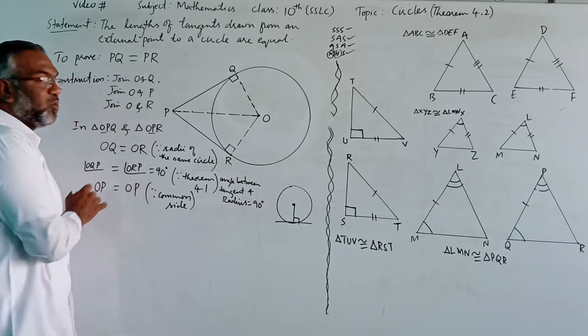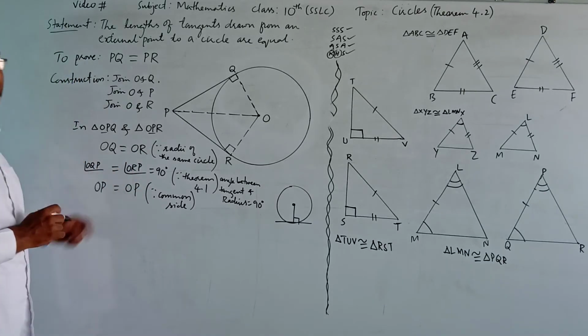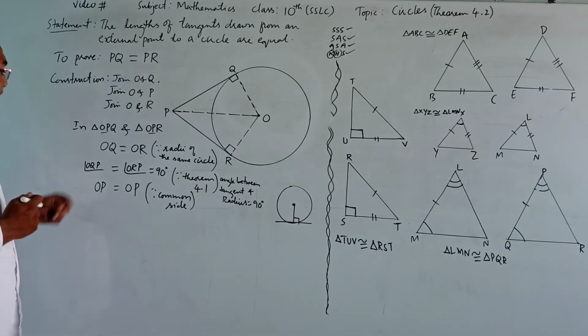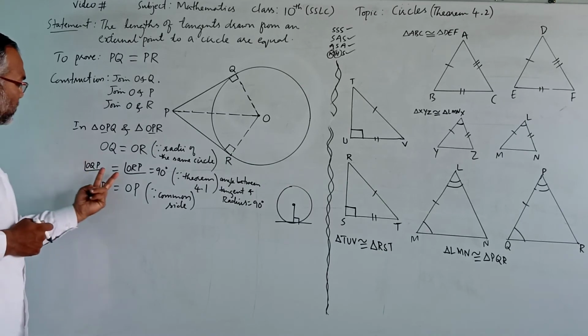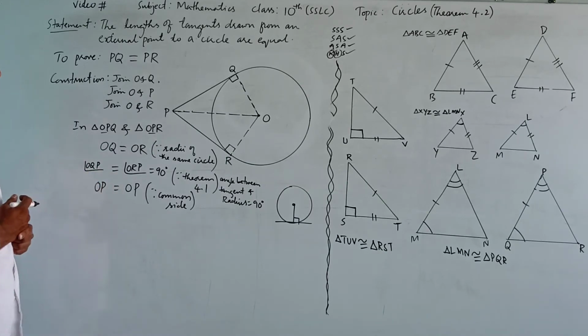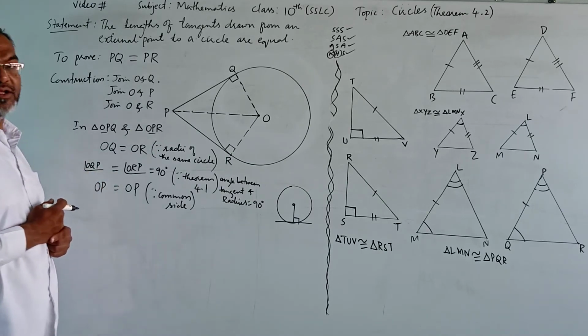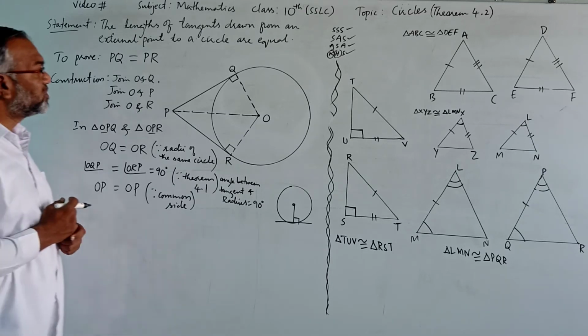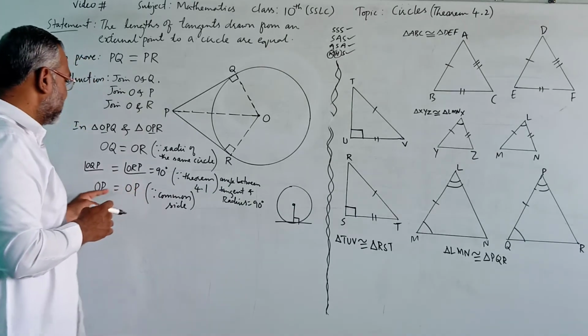If two sides are equal and the angle between them is equal, then definitely these two triangles are congruent.